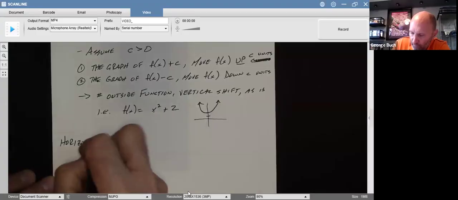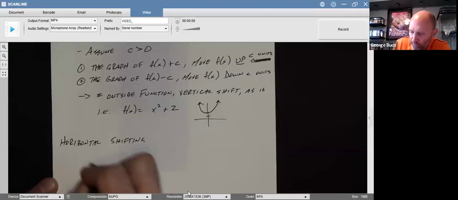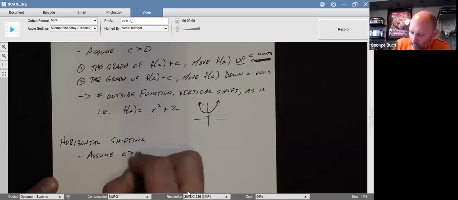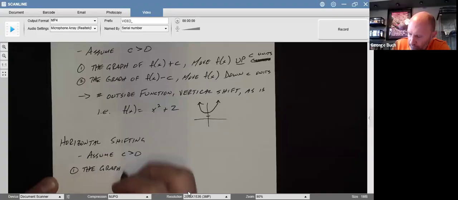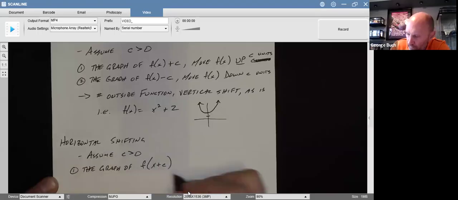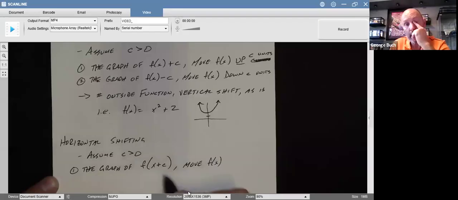Conversely, horizontal shifting, again, we'll assume c is positive. But now the graph of f of x plus c, then we move f of x, and now let's see what's going to happen here.